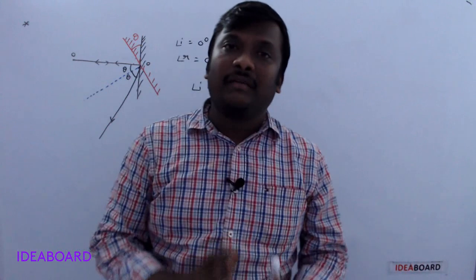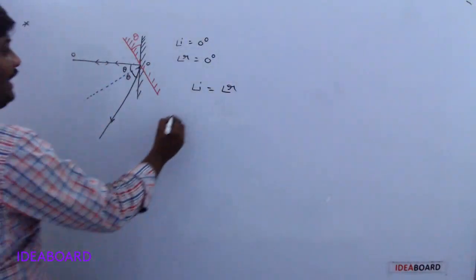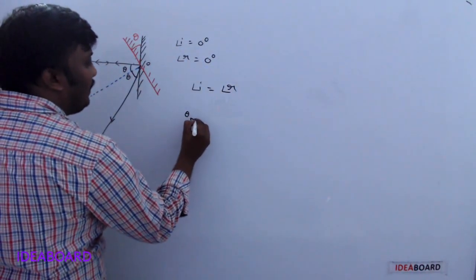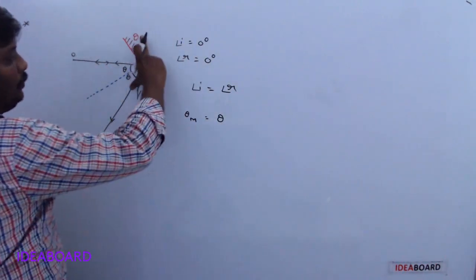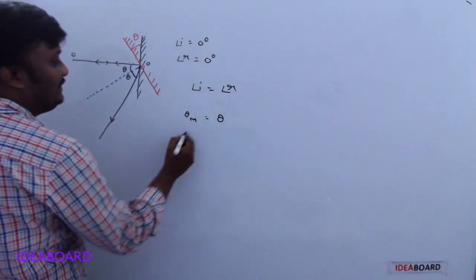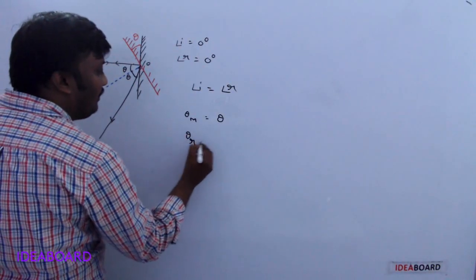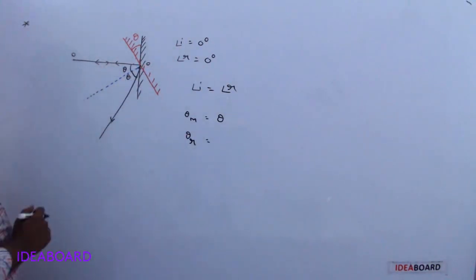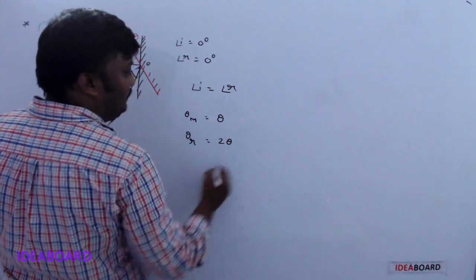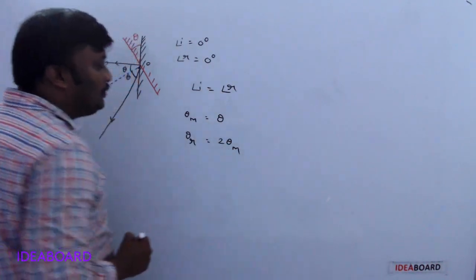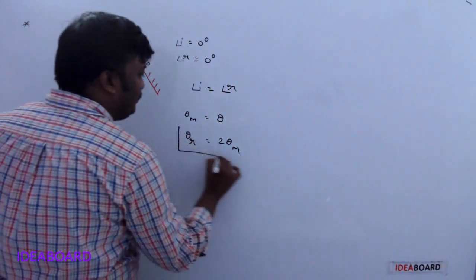Without changing the direction of the incident ray, if the mirror rotates by an angle theta, then the new reflected ray rotates by an angle of 2 theta. It's very, very important. So let theta m be the rotation of the mirror through an angle. Then what is the value of theta r, the angle made by the new reflected ray? Can you write it as 2 theta? 2 theta is nothing but 2 theta m.